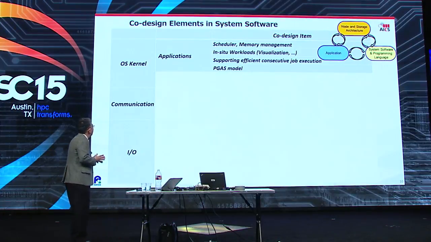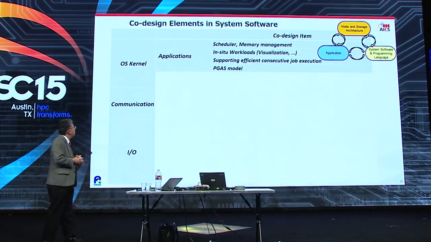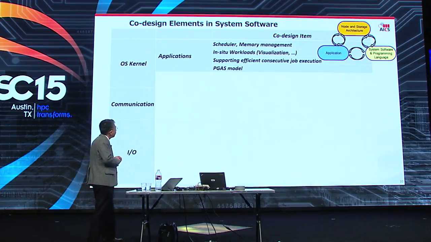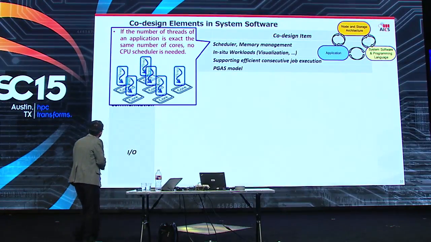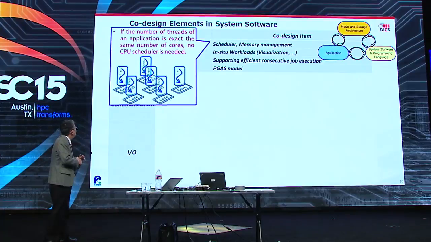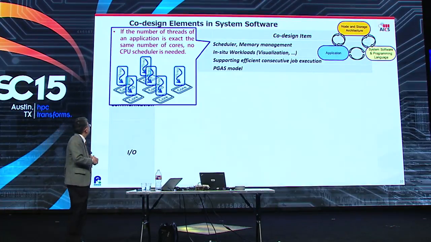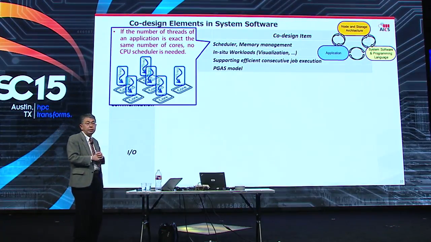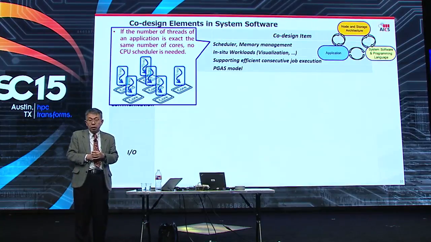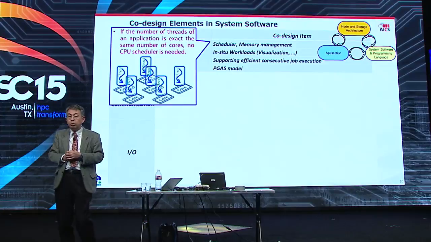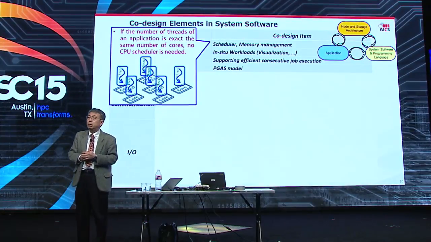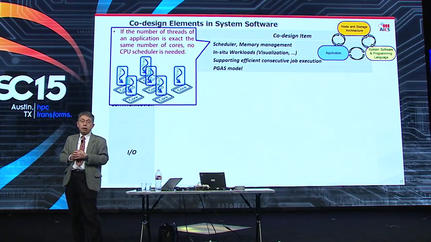And so in collaboration with applications, here are the Codesign items. Let me explain a little bit about those items. If the number of threads of an application is exactly the same as the number of cores, this means no CPU scheduler is needed. So what does this mean?